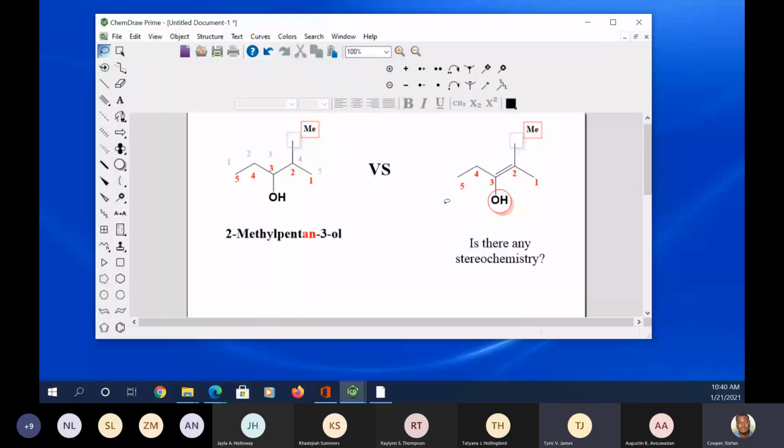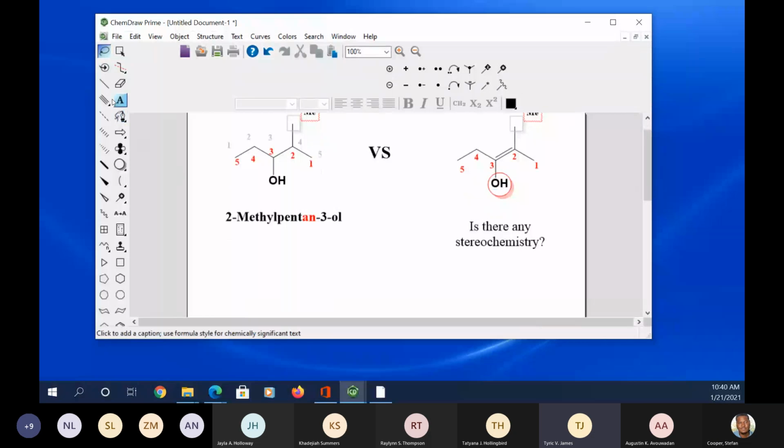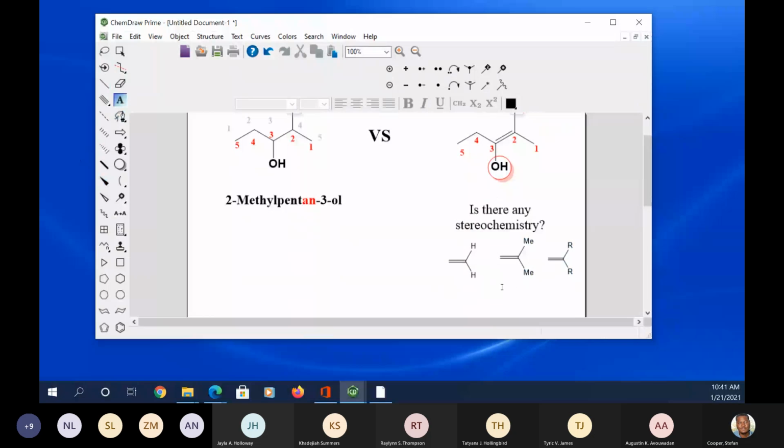No. Hold on, this is the trick question. Whenever you have two H's, two methyls, two of the same of anything, I'm going to just call this R and R. When they're identical, there's no stereochemistry here, right?